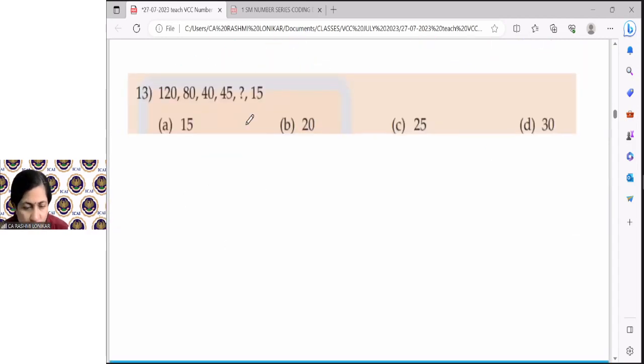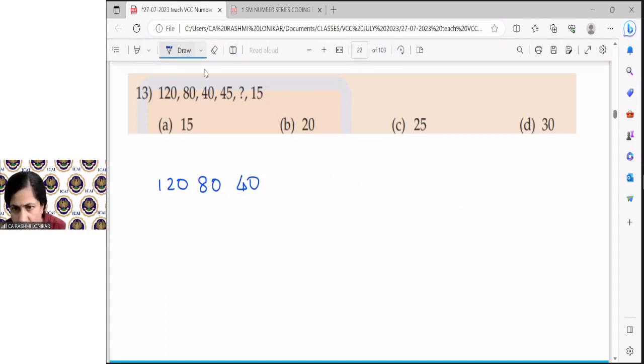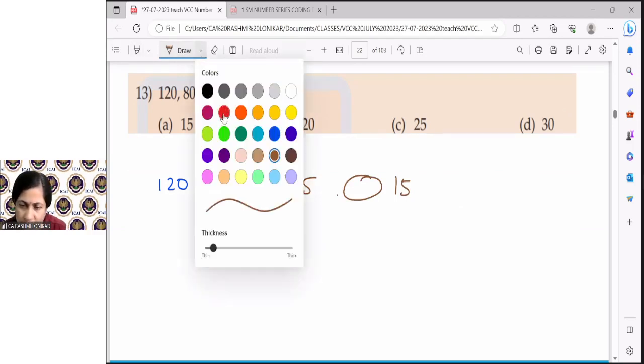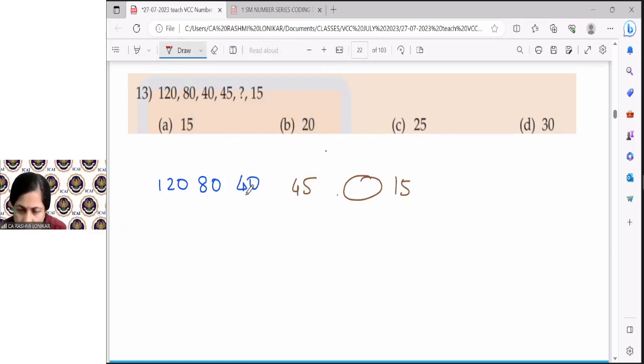Now the next sum is 120, 80, 40, 45, question mark, 15. Why I have written in different colors is, you see 40 and 45.